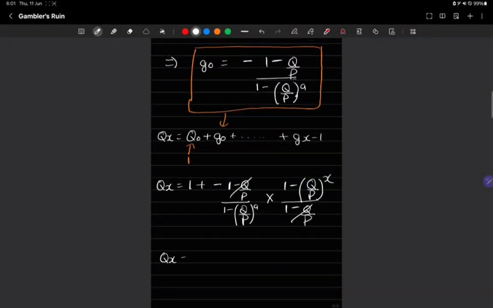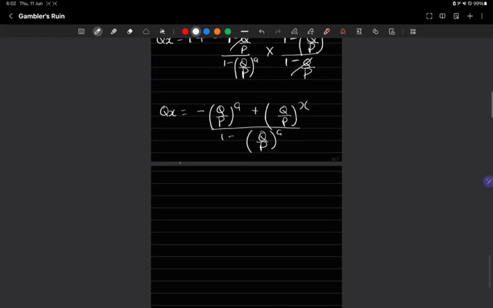So the resultant equation becomes minus q upon p raised to the power a plus q upon p raised to the power x upon 1 minus q by p raised to the power a. And now when we remove the negative term here, we'll multiply the whole equation with minus in numerator and denominator.